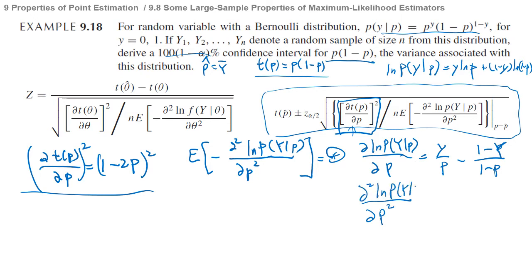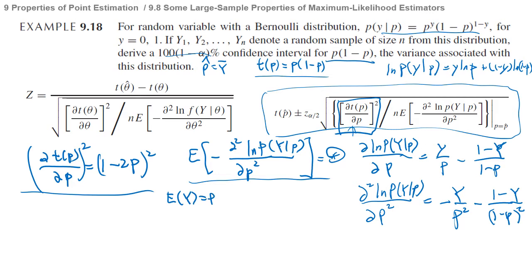P y given p is minus p square y, and here again minus 1 minus p square and 1 minus y. And we were going to get this one, and here actually what we know is that the expected value of y is p.